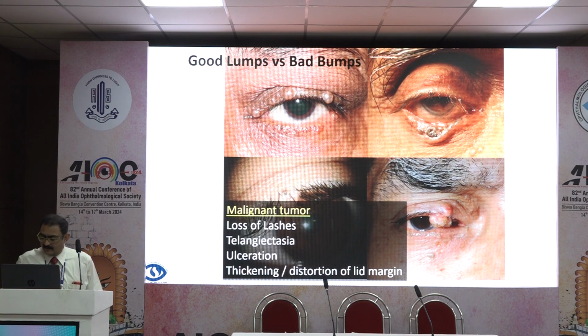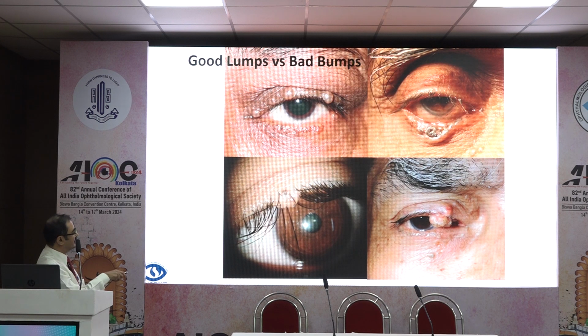If you see the picture here, you have the diagnosis. It's a lid margin lesion. There is hardly any pigmentation and there is distortion of lashes. There are hypertrophic lashes growing in abnormal directions, but there is no loss of lashes. This is a classic marginal nevus, as opposed to these situations where there is loss of lashes. So that is the first point.